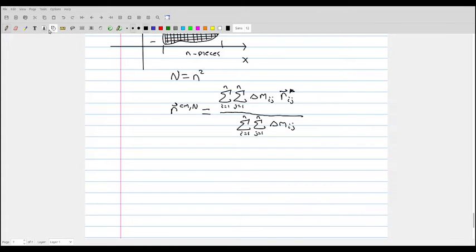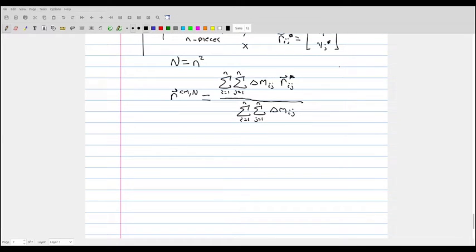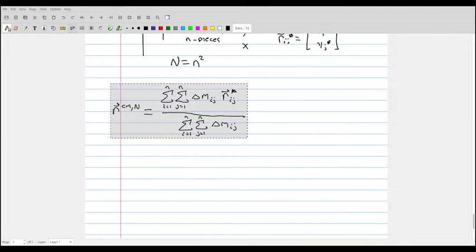Well, we know that Rij star is just the sample point in the ijth piece of our partition. So it's xi star, that's its x component, and yj star is the y component. And delta mij is the same thing as the density at the sample point multiplied by delta Aij.